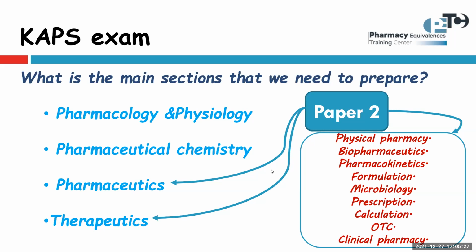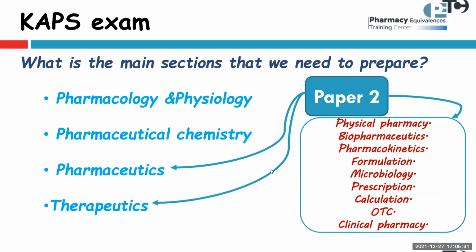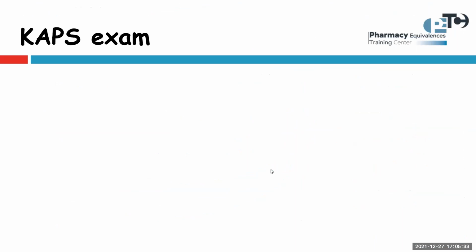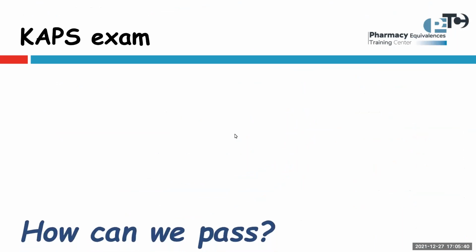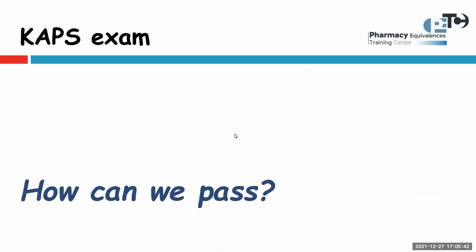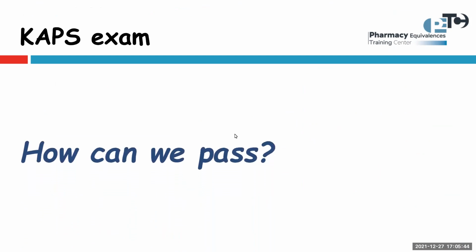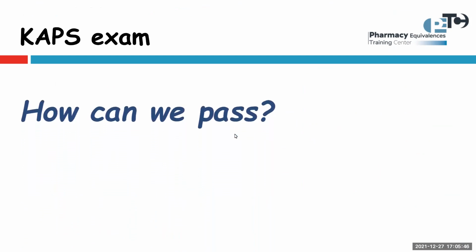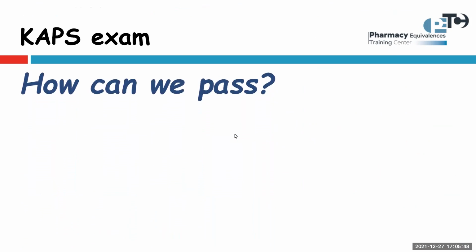Before we see the preparation, let us see how we can pass this exam. To pass, you should get 50%. 50% of what? Not the average. 50% of each topic in each paper. What does this mean?